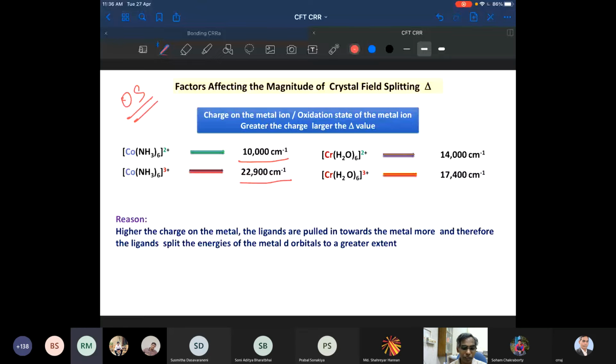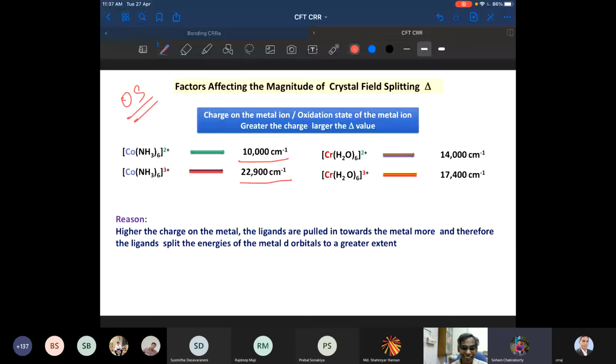Yes, sir. Rajdeep, tell me what is the reason? Sir, are you calling me? Yes, Sogam Chakrabarti. Yes, sir. What is the reason? Please respond. Otherwise, I am talking to the screen.